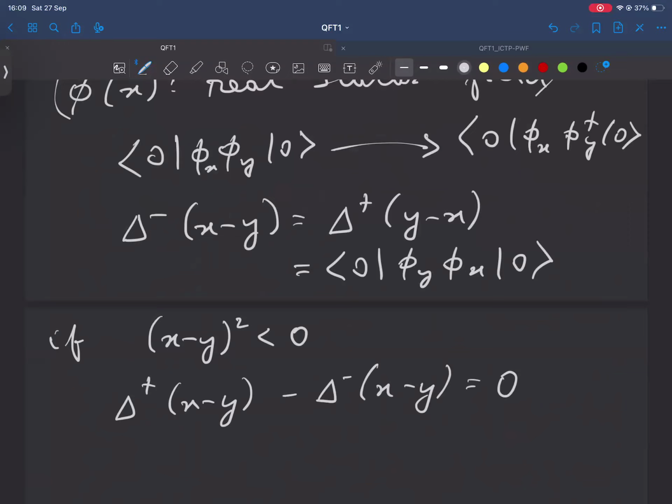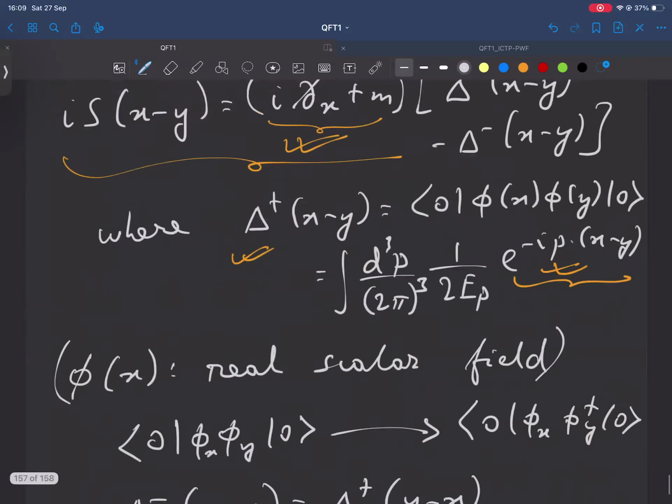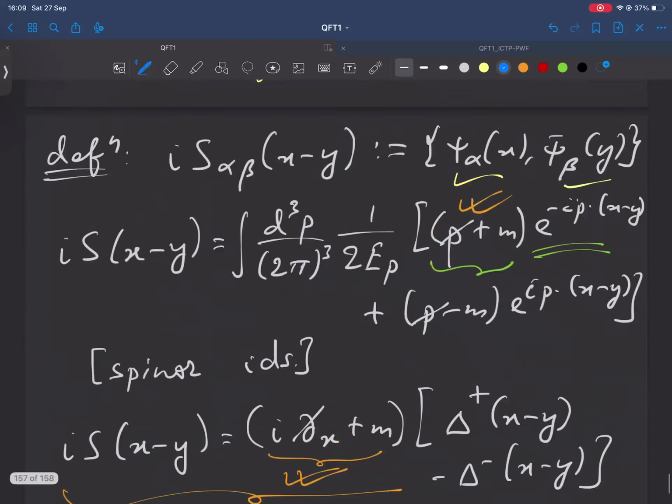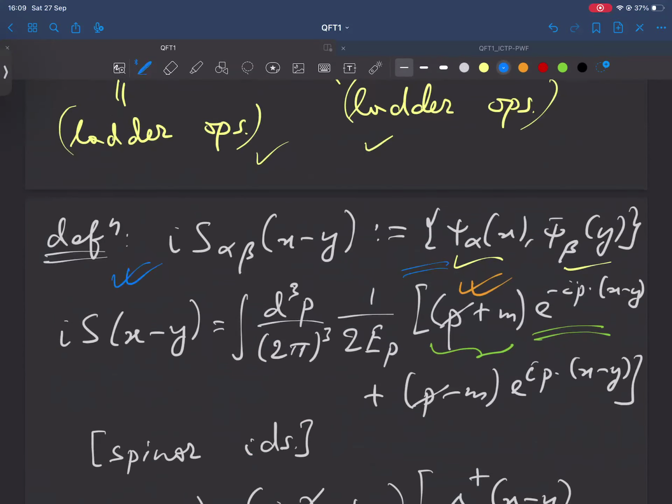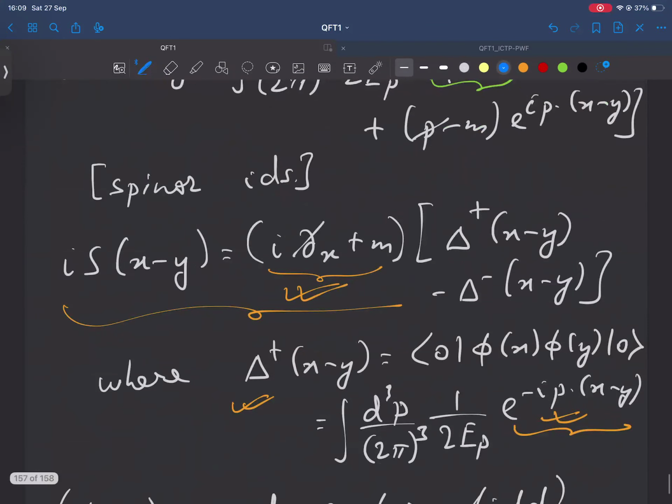And now we see that whatever this weird propagator was in terms of anti-commutator, it actually boils down to acting with this operator on these functions.